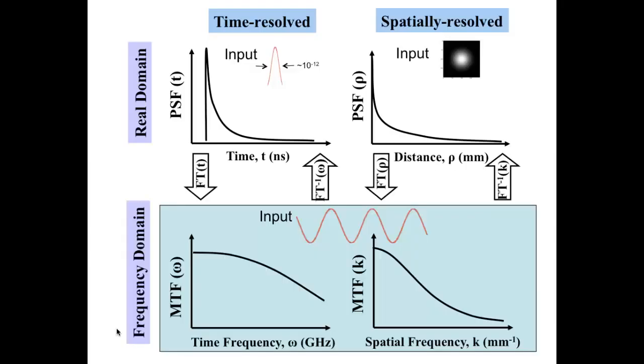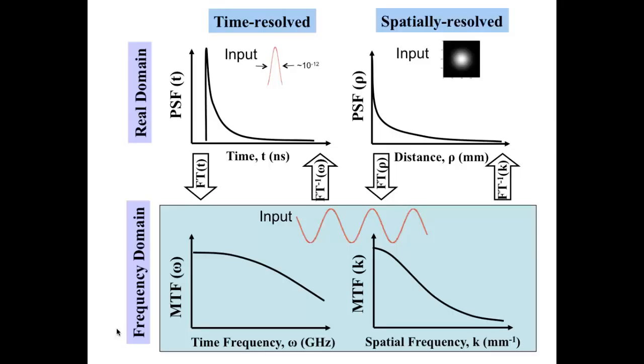We work a lot in the frequency domain for a lot of different reasons, where instead of taking a delta function or a short pulse in time, we can modulate light in time at a single frequency or multiple frequencies. Or we can modulate light in space at a single frequency or multiple frequencies.